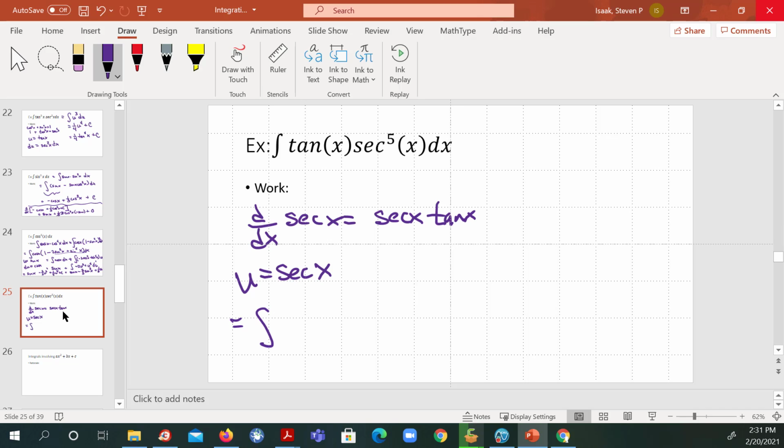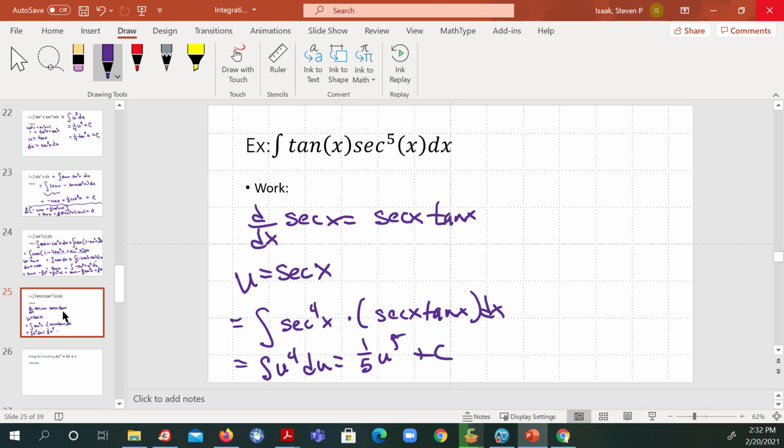The first thing I'm going to do is, this is the secant to the 4th of x times secant x tangent x dx, okay? Which becomes the antiderivative of u to the 4th in terms of u, which is 1/5 u to the 5th plus constant, but what was u? It was the secant of x, so the answer is 1/5 secant of x to the 5th plus constant.